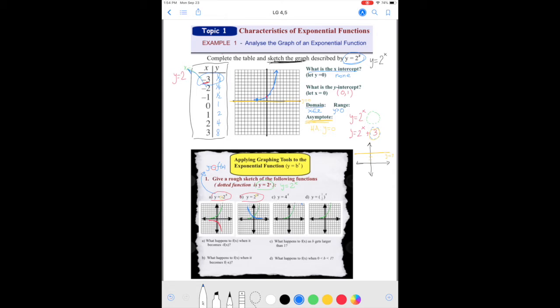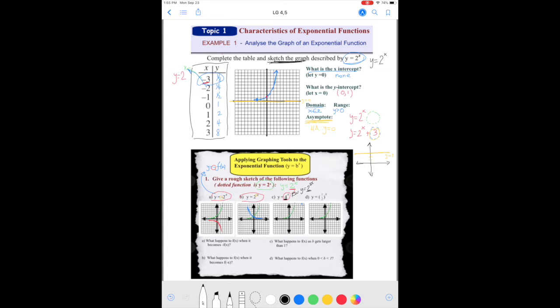Now the next one's a little trickier, because this is 4 to the x, and everything we're trying to do has a base 2. So what you have to recognize is you have to rewrite this as y equals 2 to the power of 2, because 2 to the power of 2 is 4, and then x.